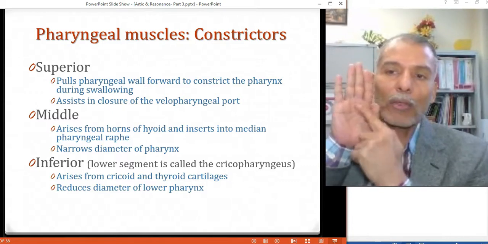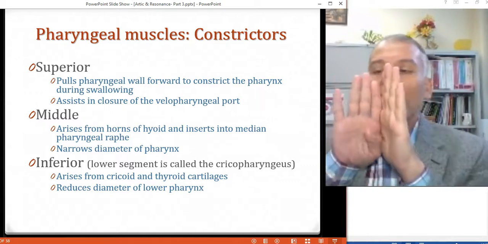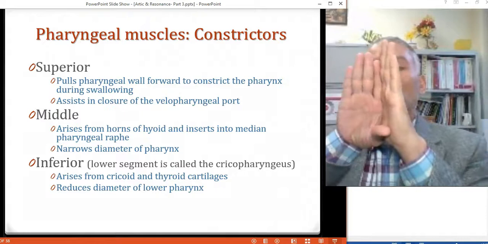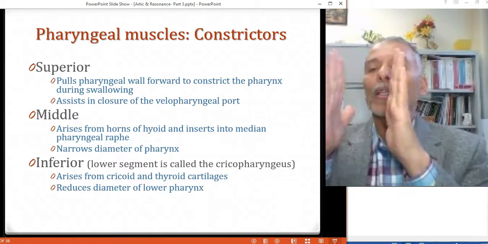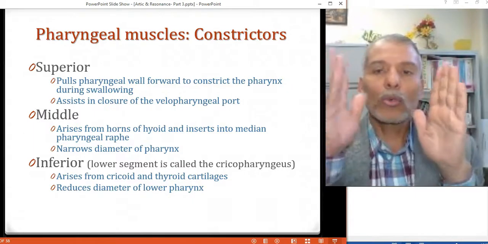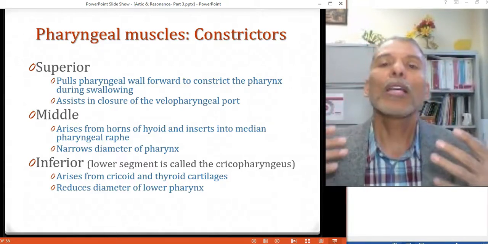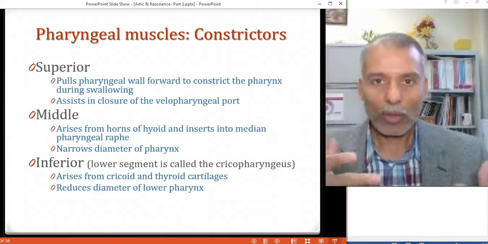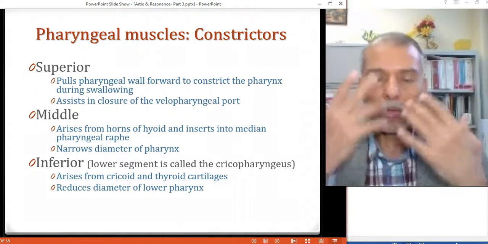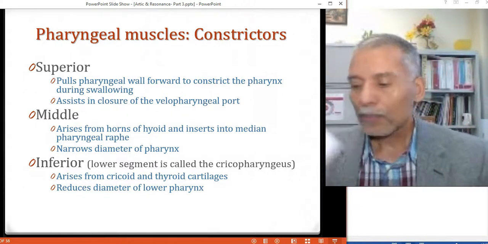And then you have the left lateral pharyngeal wall and the right lateral pharyngeal wall. So two lateral pharyngeal walls and the posterior wall. There is no anterior wall, obviously, because we have the mouth and the nose.